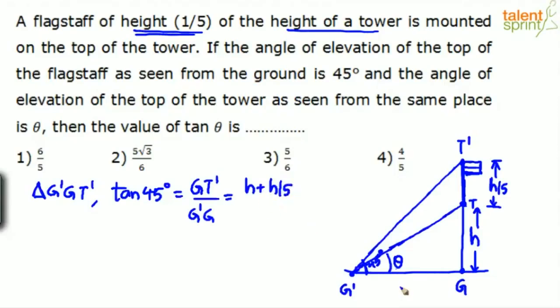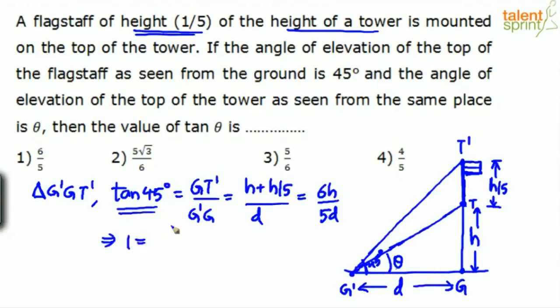Let us assume this distance is D for the sake of calculation. So H plus H/5 will be 6H/5. So 6H/5D. Now understand, tan 45 is equal to 1. So basically we can say 1 is equal to 6H/5D, or we can say 6H is equal to 5D.